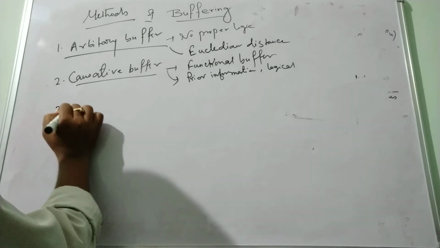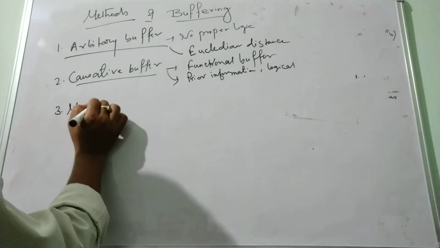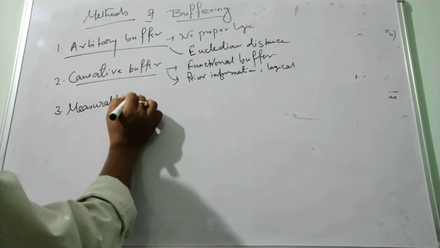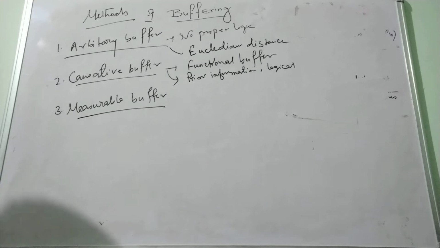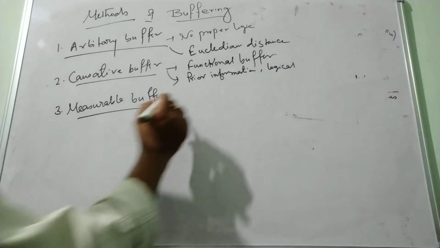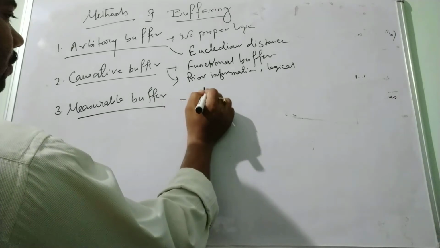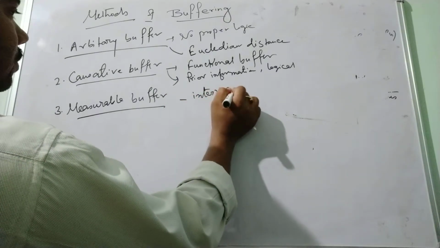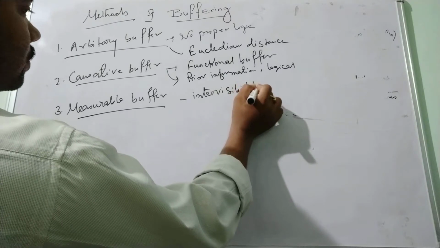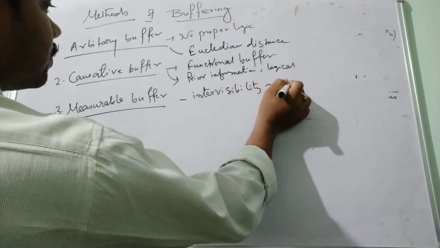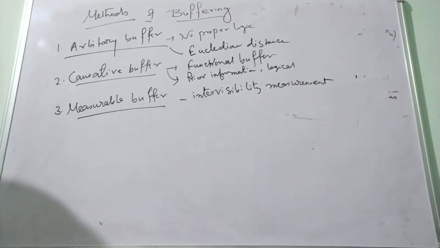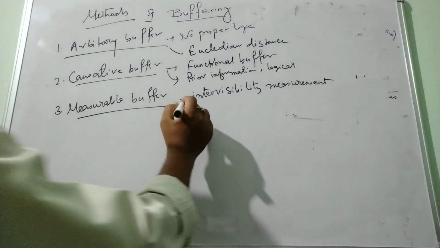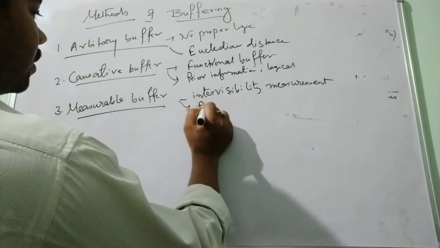Measurable buffer. This buffer can be based on the intervisibility measurement. There is some measured value, a particular measured value.